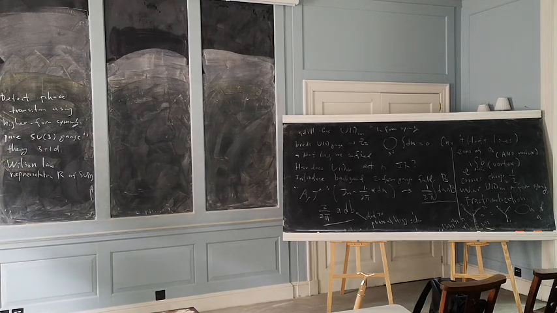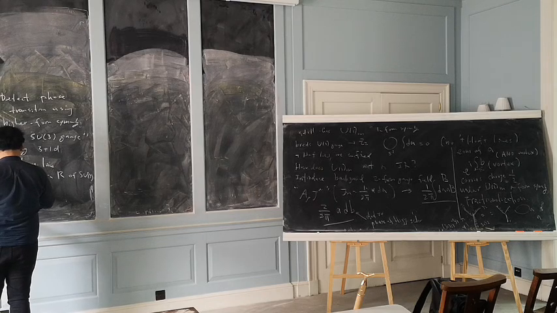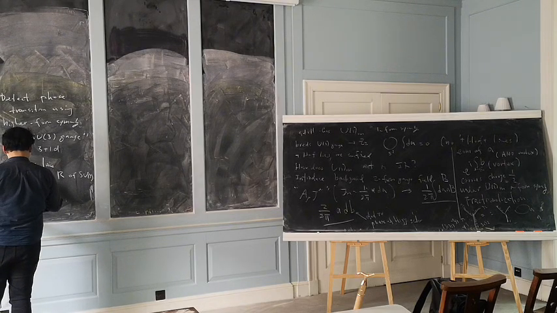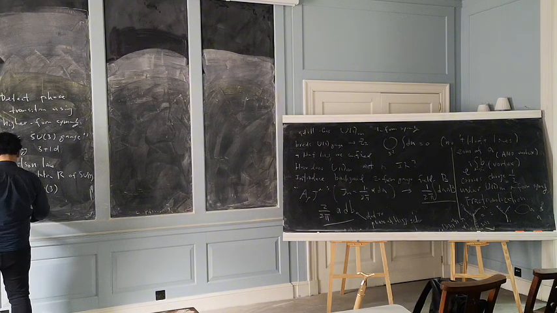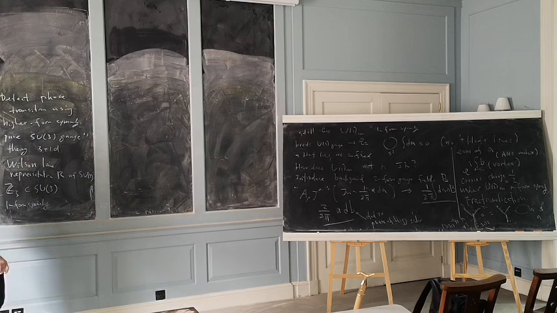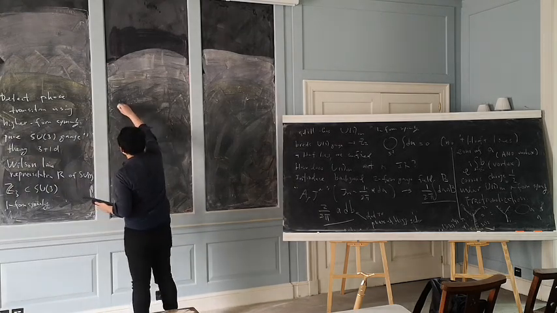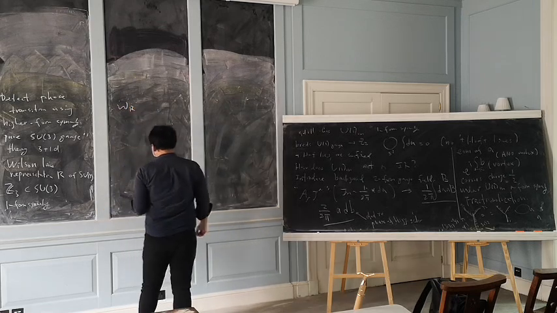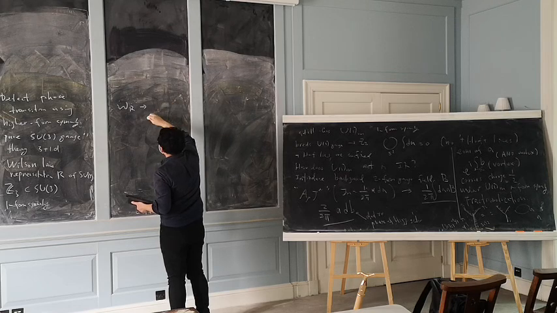Now the theory has this Z3 center symmetry. You can think of this Z3 as part of the center of SU3. So this is a Z3 one-form symmetry, and the one-form symmetry transforms the Wilson line as follows. If I have a Wilson line in representation R, then you transform the Wilson line according to the N-ality.